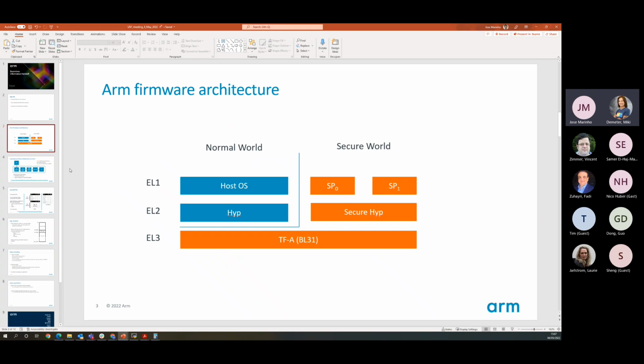These two concepts are to one extent orthogonal, and it's very much like the notion of rings in the Intel architecture, where I'd say, but please correct me if I'm wrong, EL1 or EL2 is generally where the host OS executes, and that's similar to ring 3, I believe, in the Intel architecture. Whereas EL3 and the secure world in the ARM architecture is the counterpart to SMM in Intel.